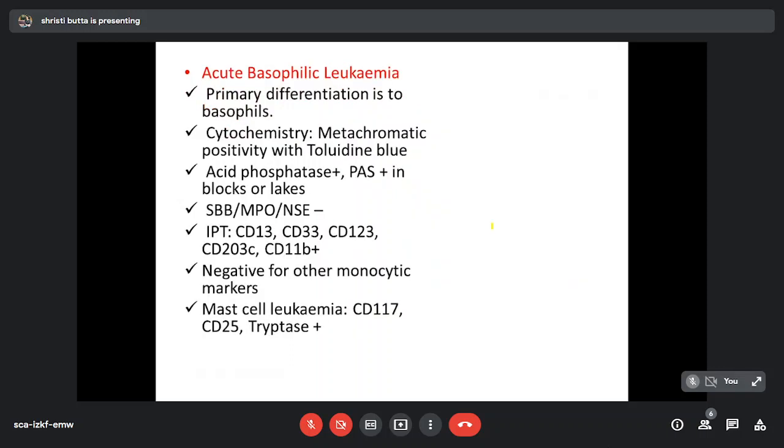What about acute basophilic leukemia? Cytochemistry shows metachromatic positivity for toluidine blue. It is PAS positive. It shows positivity for CD13, 33, 123, 203, and 11B. However, it is negative for CD117, 25, and tryptase. So that helps in distinguishing it from mast cell leukemia, which is positive for c-KIT, CD25, and tryptase.